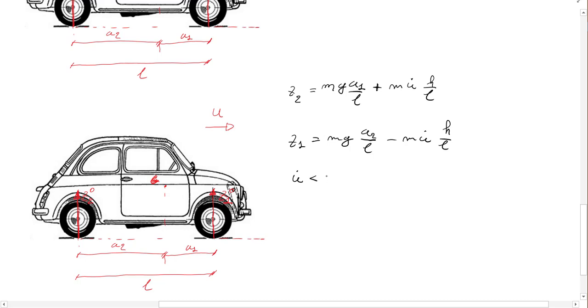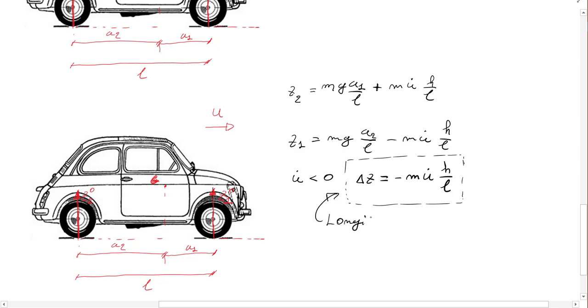Mu dot will be below zero, so negative, and we call this one delta Z. So delta Z will be equal to minus mu dot h on L, and this is the longitudinal load transfer of the car.